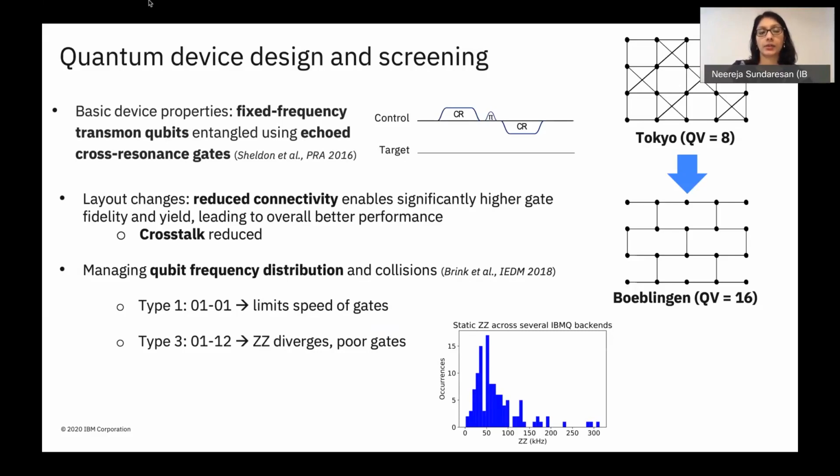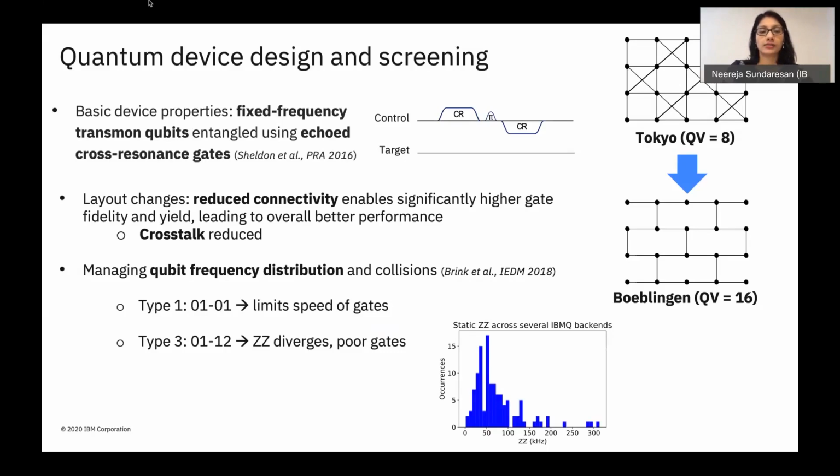This change came about due to the challenges that we were facing on managing qubit frequency distribution across large devices, and the impact that qubit spectators have on gate fidelity. The much simpler layout enabled significantly higher single and 2-qubit gate fidelities, as well as helped us increase the yield of the number of devices that successfully passed our screening process.